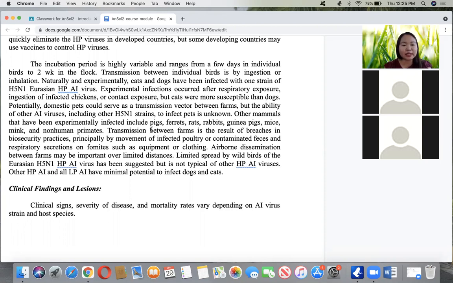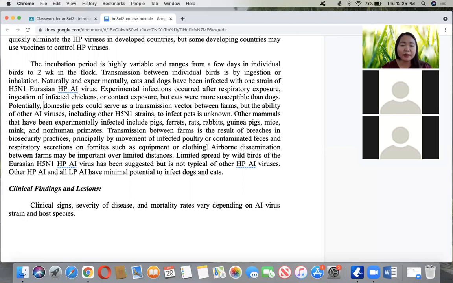Other mammals infected experimentally include pigs, ferrets, rats, and so on, and non-human primates like monkeys. Also between farms, or breaches of biosecurity practices, like smuggled rabbits or any animals that enter the country without biosecurity.